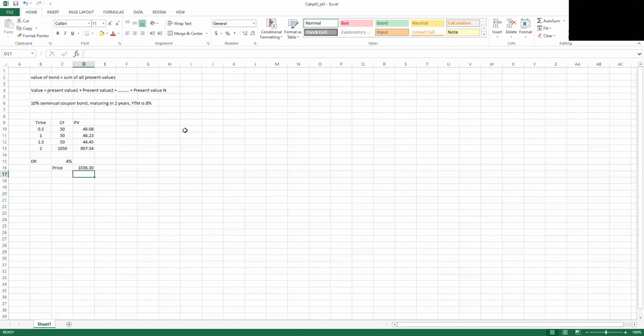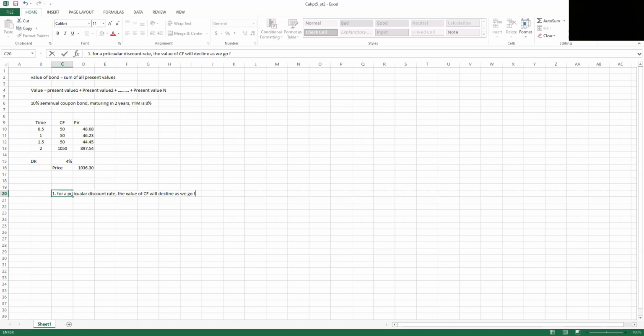The first important property is that for a particular discount rate, the value of a cash flow will decline as we go further into the future.